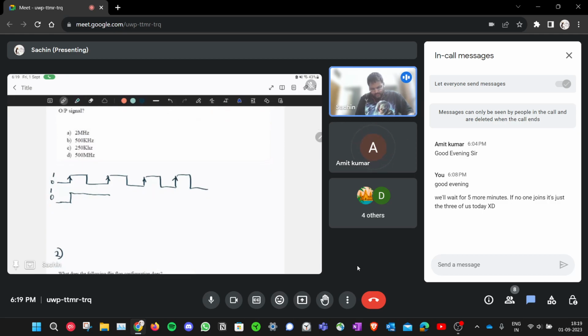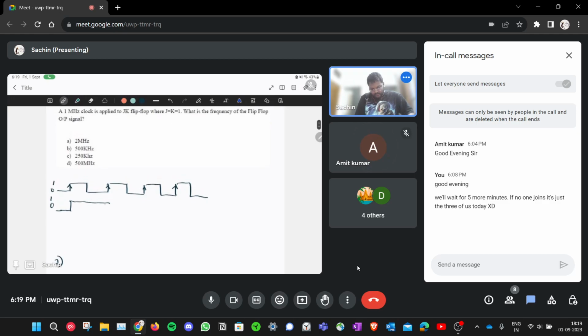At this point it will flip again, so it will flip to 0. It's 1, the output will flip to 0. This is the output. This is the clock. Similarly, it will flip state at every positive edge of the clock.